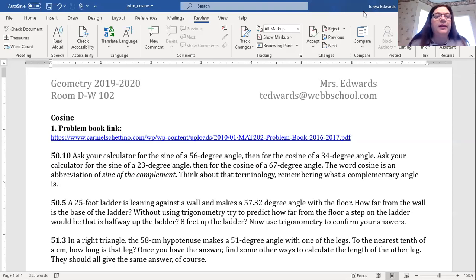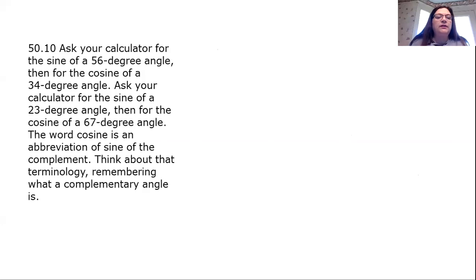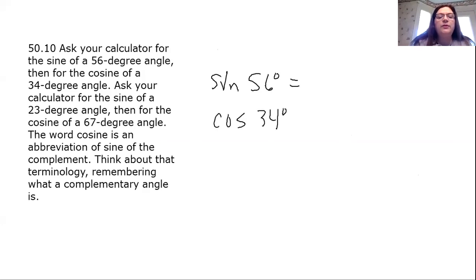So page 50, number 10. It says, ask your calculator for the sine of a 56-degree angle, and then for the cosine of a 34-degree angle. Okay, well, let's do that on my phone. 56 sine, on your calculator, sine 56, and this is 0.829037 blah, blah, blah.